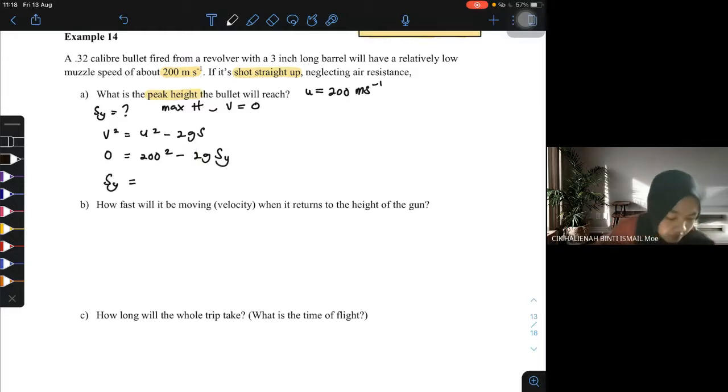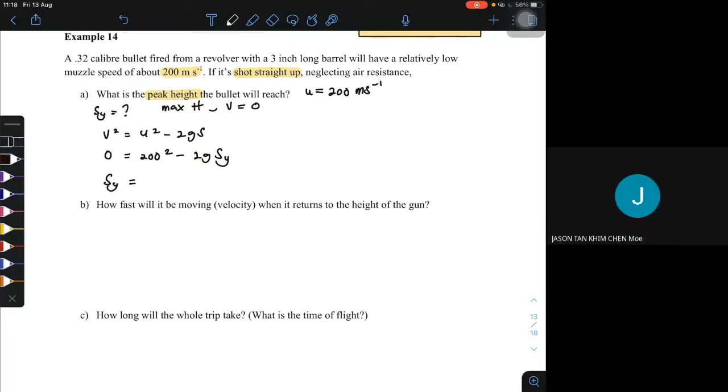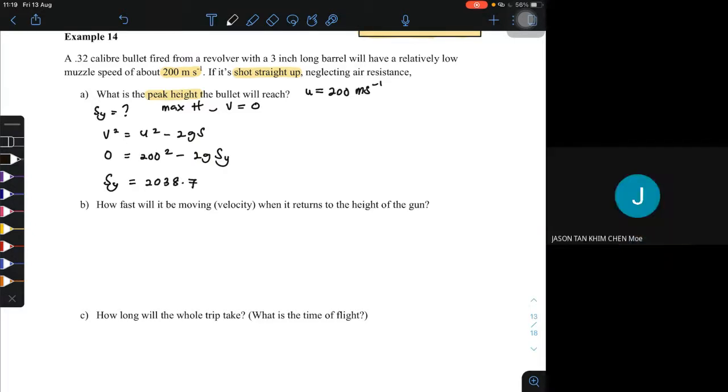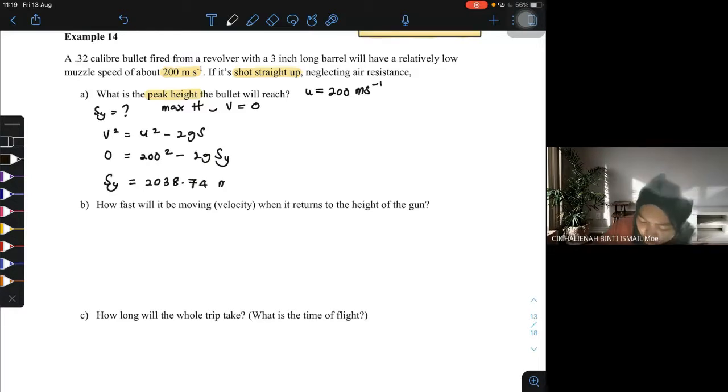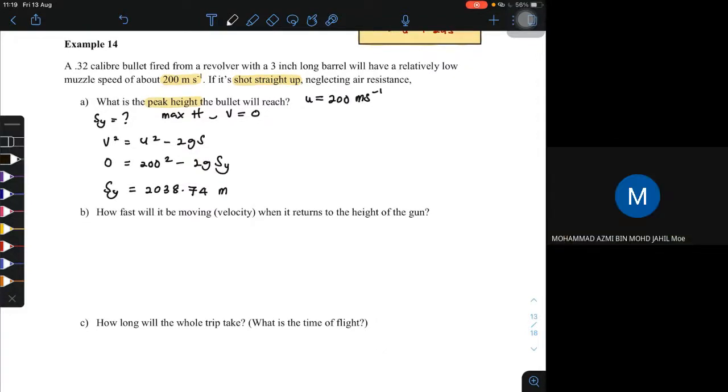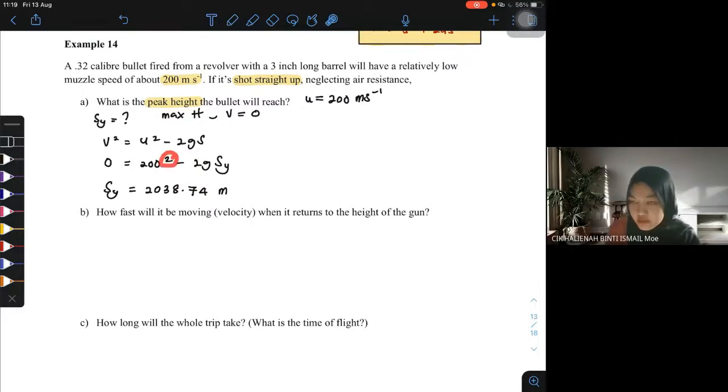So what is the value for Sy? 2038.74. Okay, thank you Jason. Did everyone get the same answer? Yes, miss. Don't forget the square here. You usually make the mistake of forgetting to put the square in the calculator.